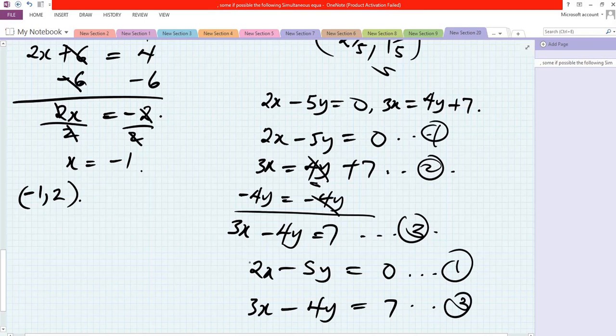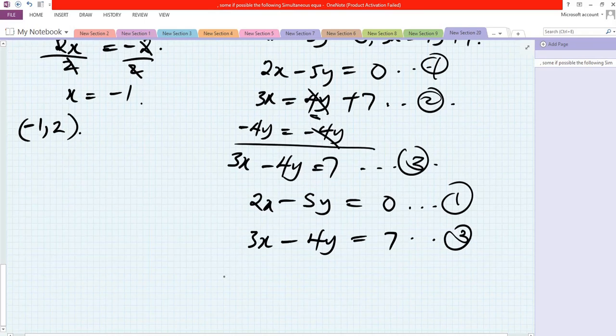So we'll use the elimination method in this one. For the elimination method, we use the coefficient of this to multiply this one, and we use the coefficient of this to multiply equation 3. We use the coefficient of x. Now we want to eliminate x.